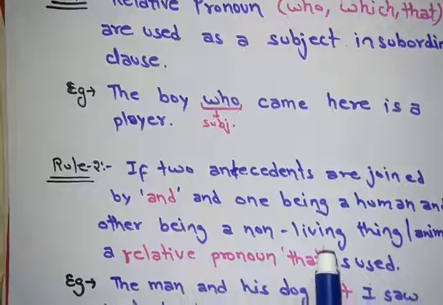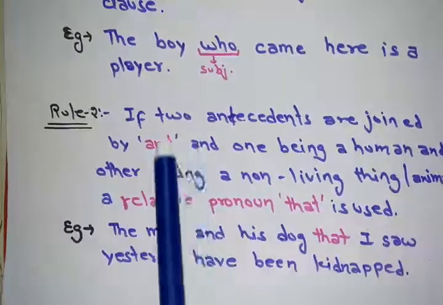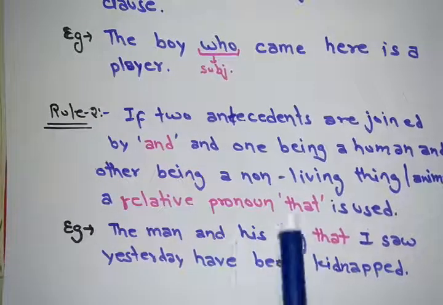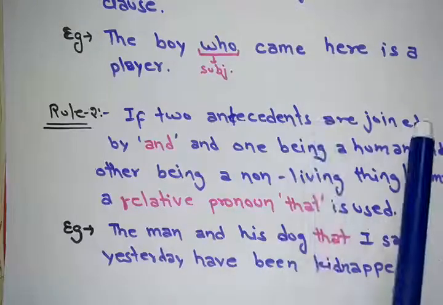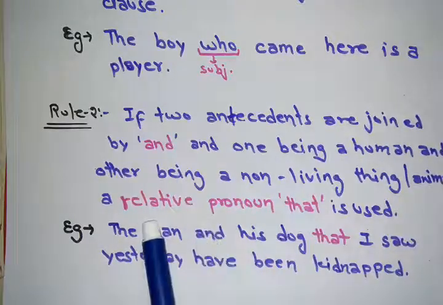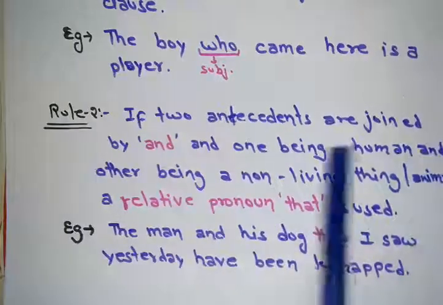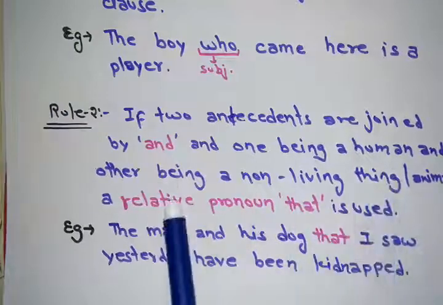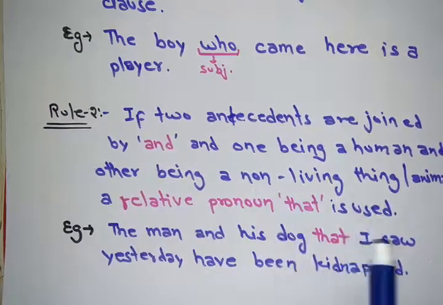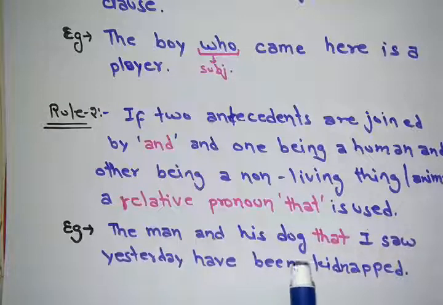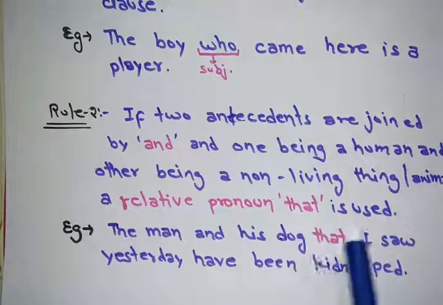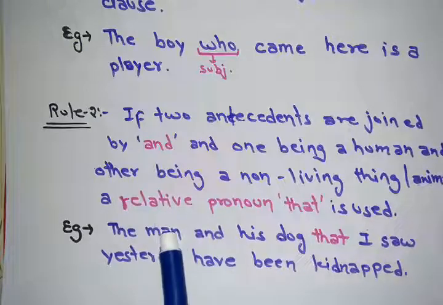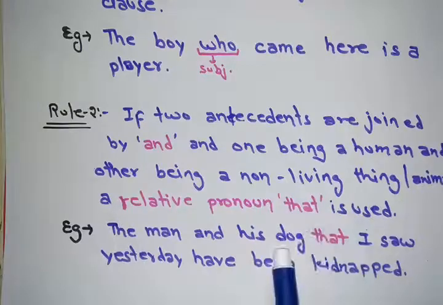Let's see the example: the man and his dog that I saw yesterday. Here the antecedents are joined by and; the man is a human being and his dog is an animal, so that is used. So that here is a relative pronoun because it shows the relation between the man and his dog.